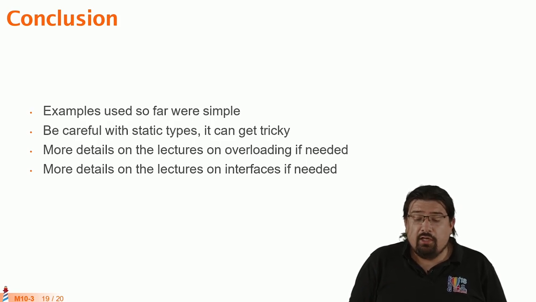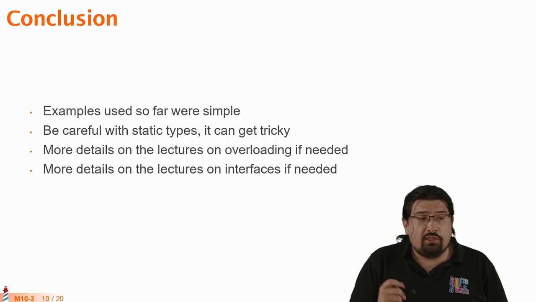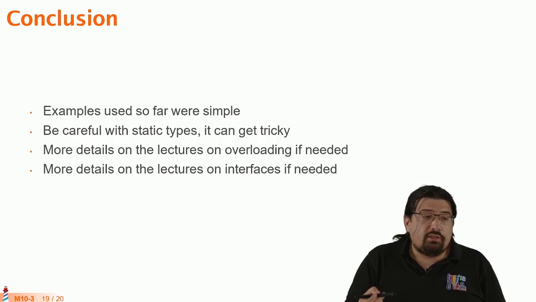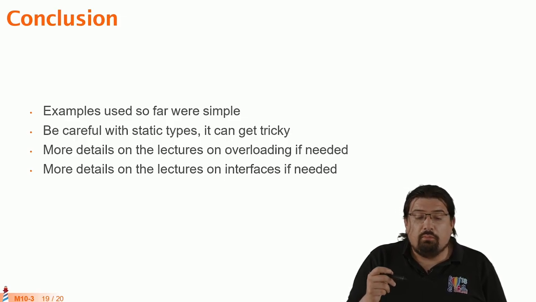For more details, you have the lecture on overloading and interfaces that you can check, or you can recheck this video and check the examples slowly, following the steps one by one. The rules that we have seen in these examples are the ones that are applied, but in more complex examples, they are getting more complex themselves, but they are the same rules.